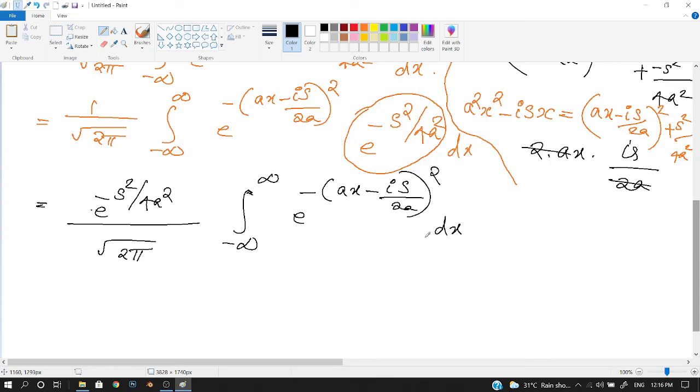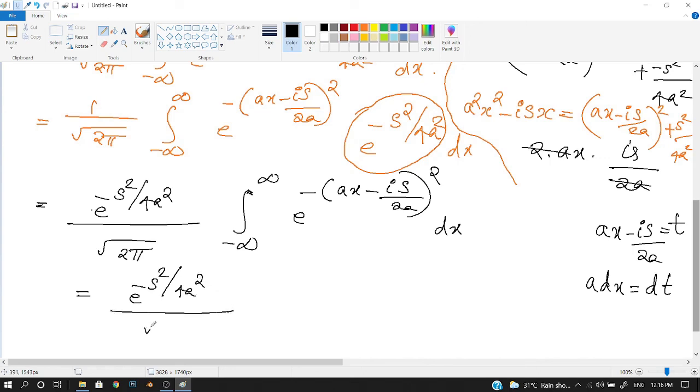Now here we are using a substitution. Here you just put ax minus is by 2a equal to t. So what is a into dx? That is equal to dt. Okay, so this is e raised to minus s square by 4a square divided by root 2 pi, then integral minus infinity to infinity e raised to minus t square into dx, which is dt by a.